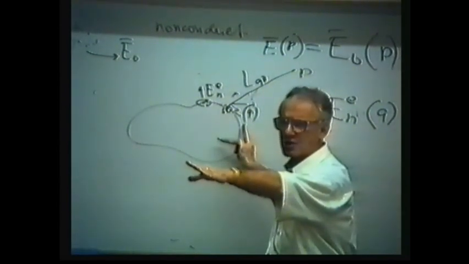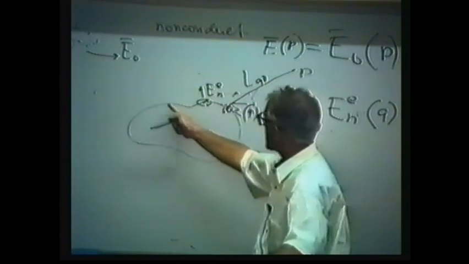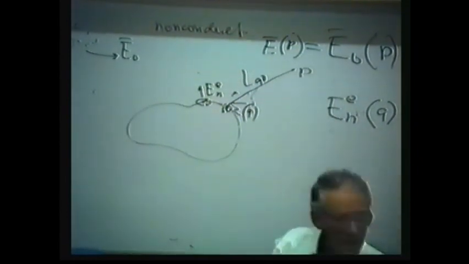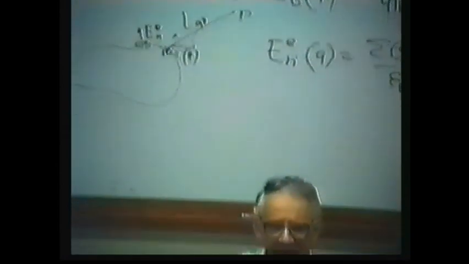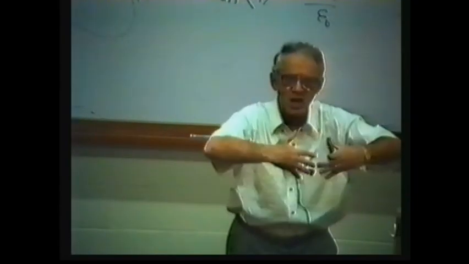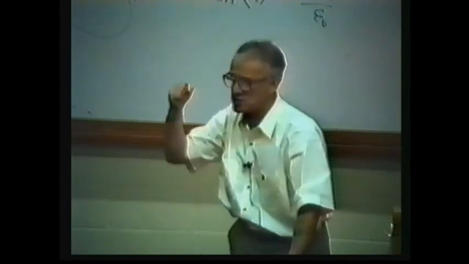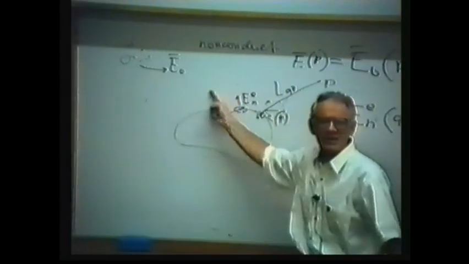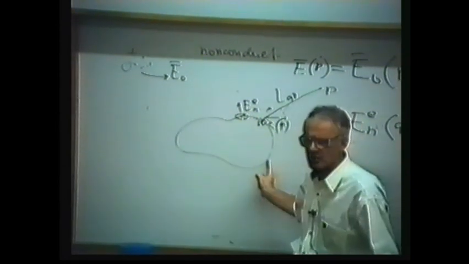Yes, the distribution of charges changes, because the primary field changes, but the essence of electrostatic induction is to make the field inside equal to zero. The primary field changed and the secondary changed. Therefore, the distribution of charges was changed. So for the same conductor, we can obtain completely different distributions of sources.